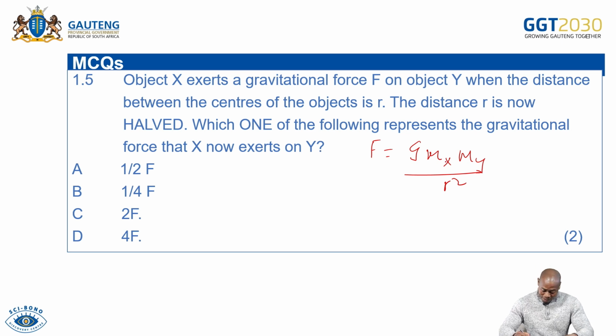So you're having mass of X, mass of Y, and the distance is R. So where there's distance, I will substitute R. So this is the original F.